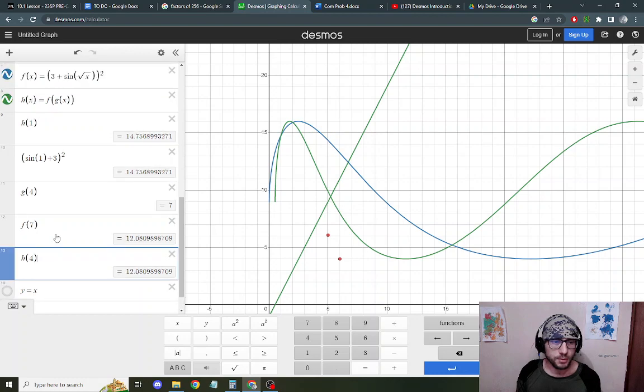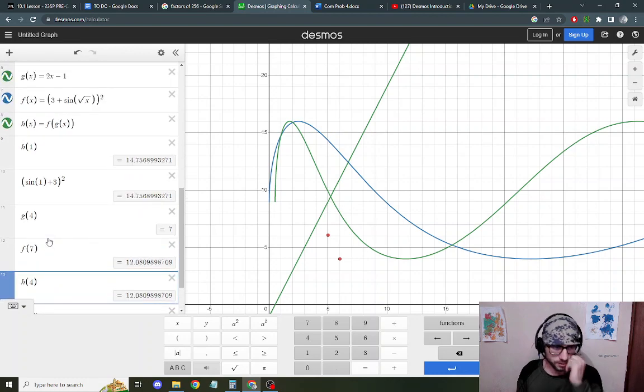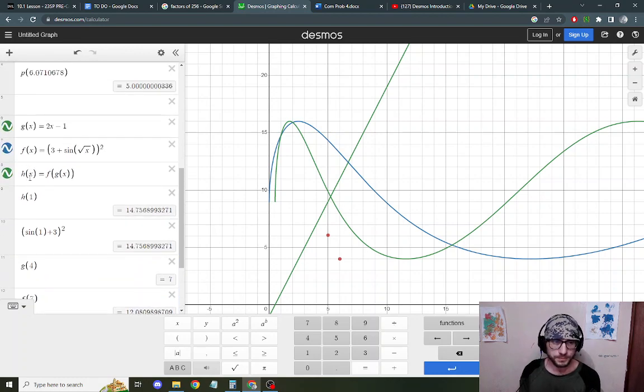Now, here's how we know that it works: h of x is equal to f of g of x. What I'm saying is, whatever my output is for g, I have an input.